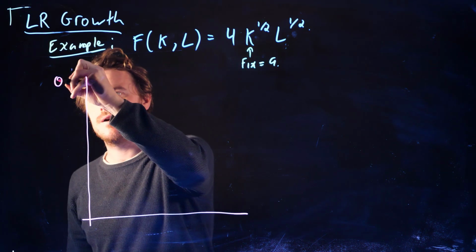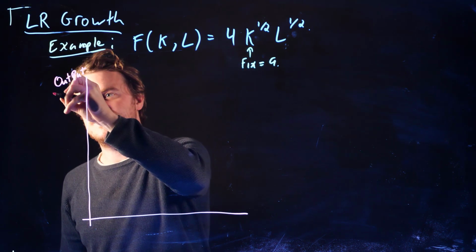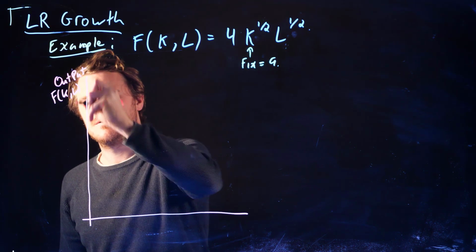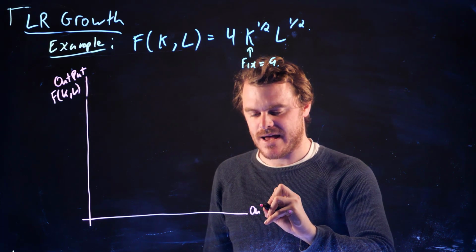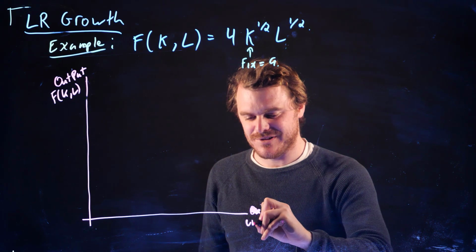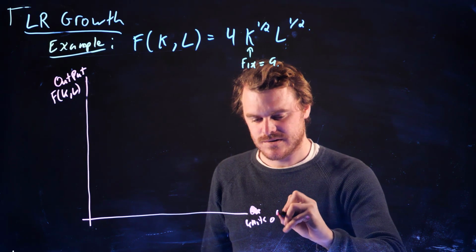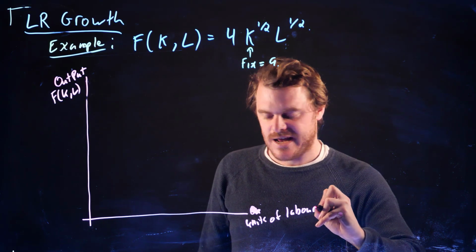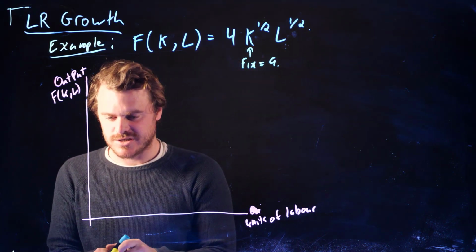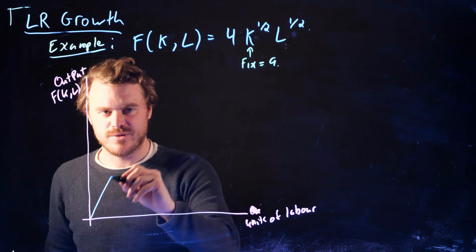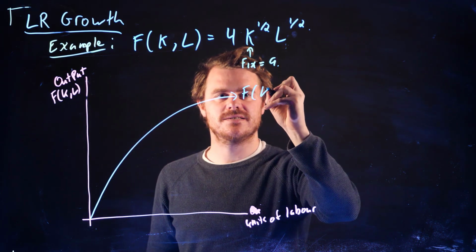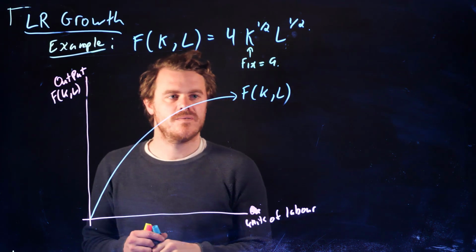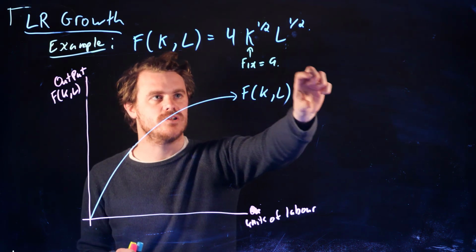We have output on this axis, our aggregate production function, and units of labor here. If we did the math, we get a production function that looks like this.